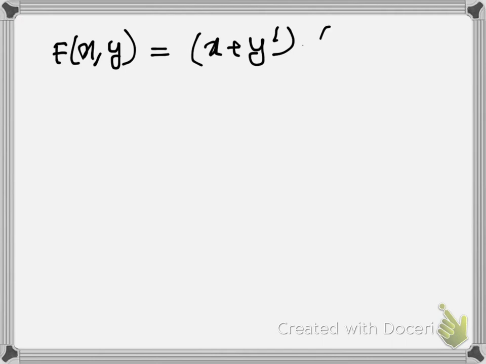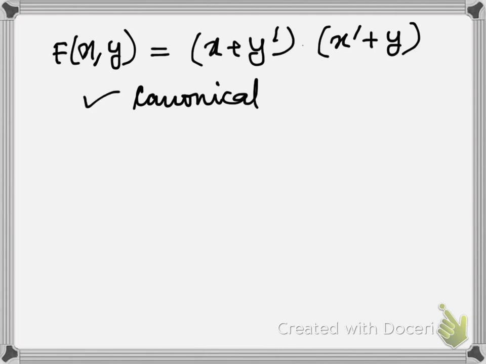Similarly, we can also have functions of, let me just take two variables, x and y. So I may have x plus y dash into x dash plus y. This is canonical, and this is also standard.